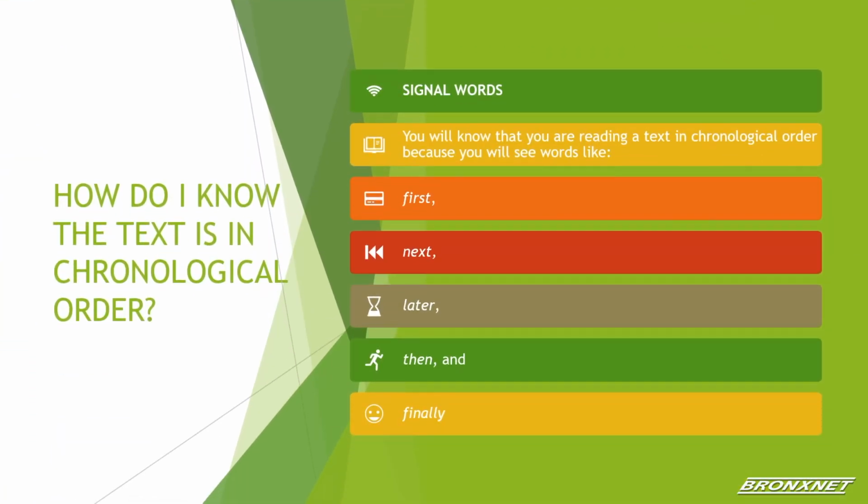Now, how do you know a text is in chronological order? There are some things we call signal words. You will know that you're reading a text in chronological order because you will see words like first, next, later, then, and finally.